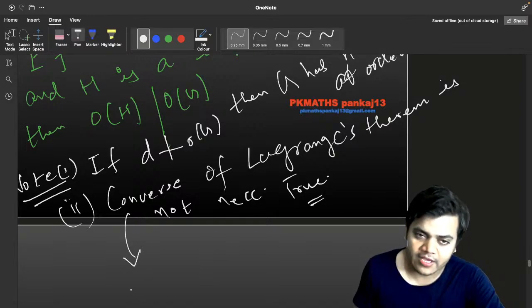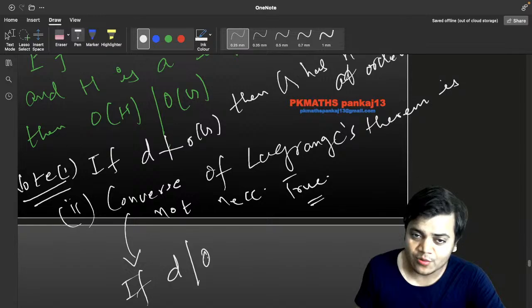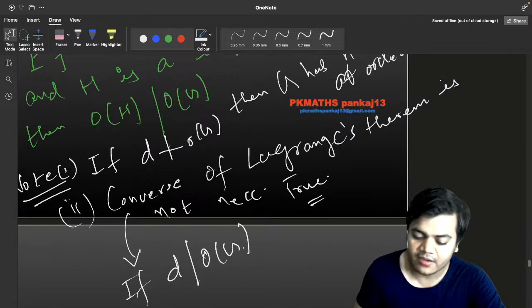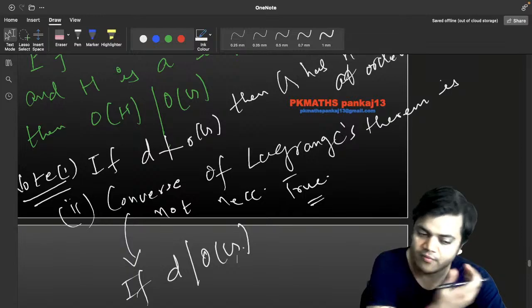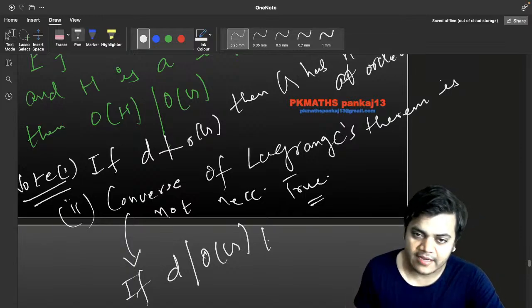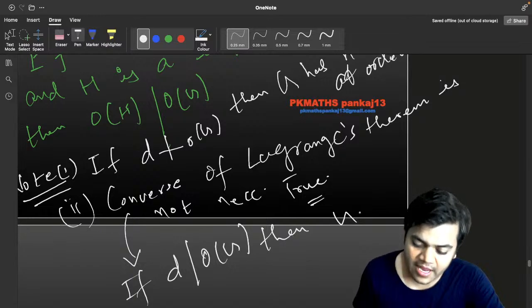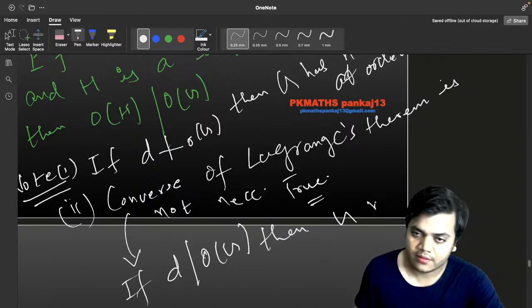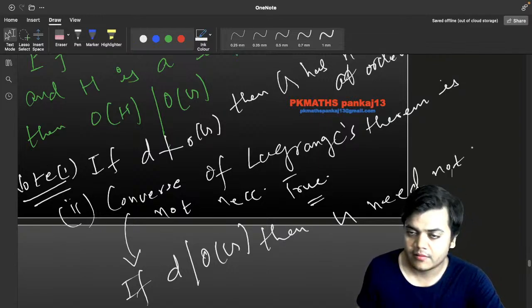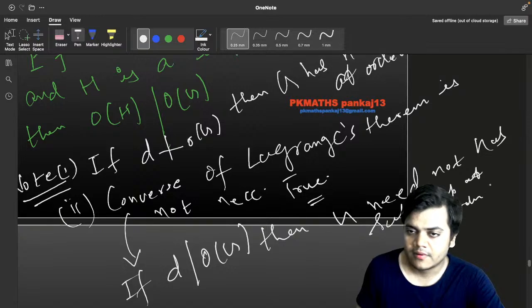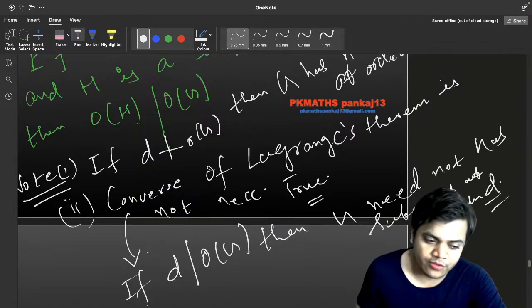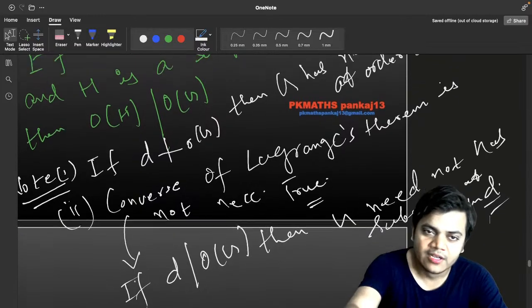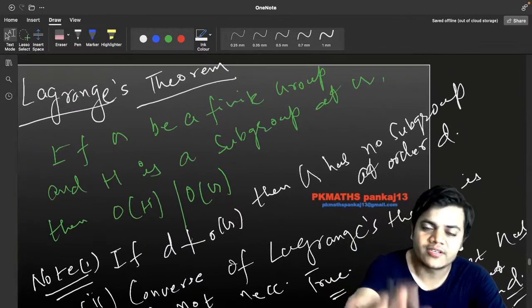If D divides the order of Z, it does not mean that G will have a subgroup of order D. Then G need not have a subgroup of order D. So the converse of Lagrange's theorem is not necessarily true.